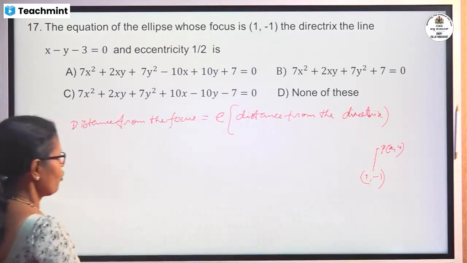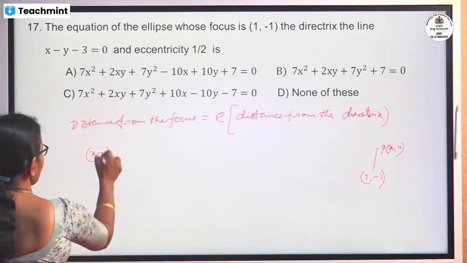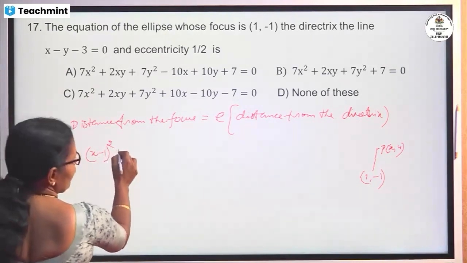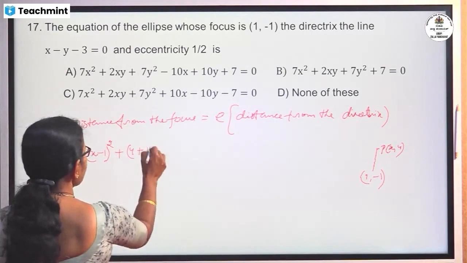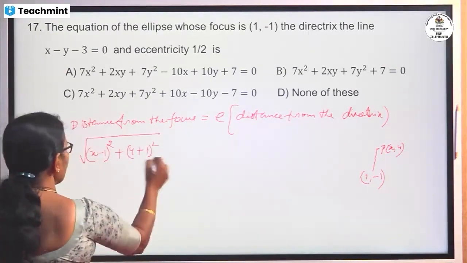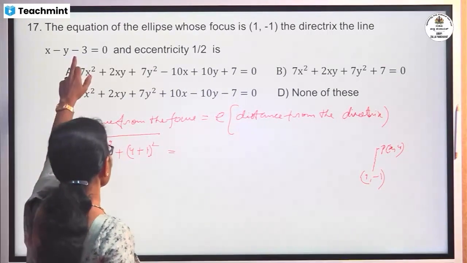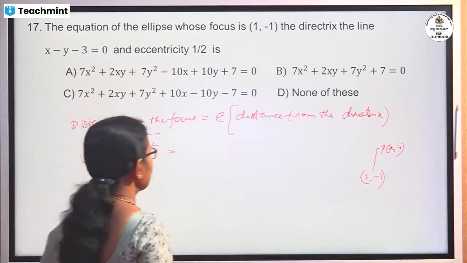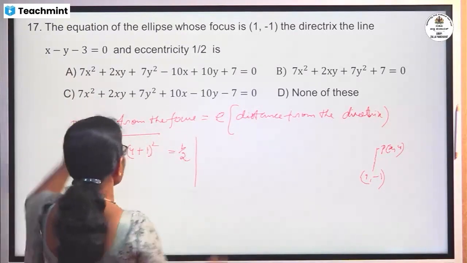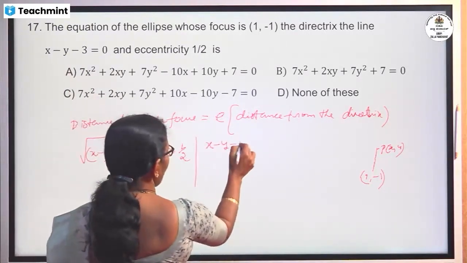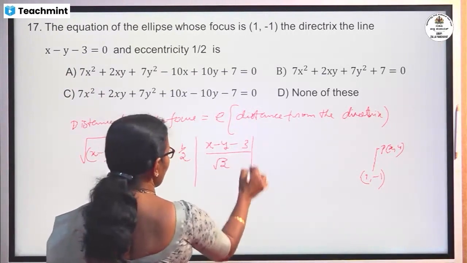Then we write the distance as the square root of (x − 1)² + (y + 1)², equal to e times the perpendicular distance to this line. Eccentricity is given as 1/2. The perpendicular distance is (x − y − 3) divided by the square root of 2.